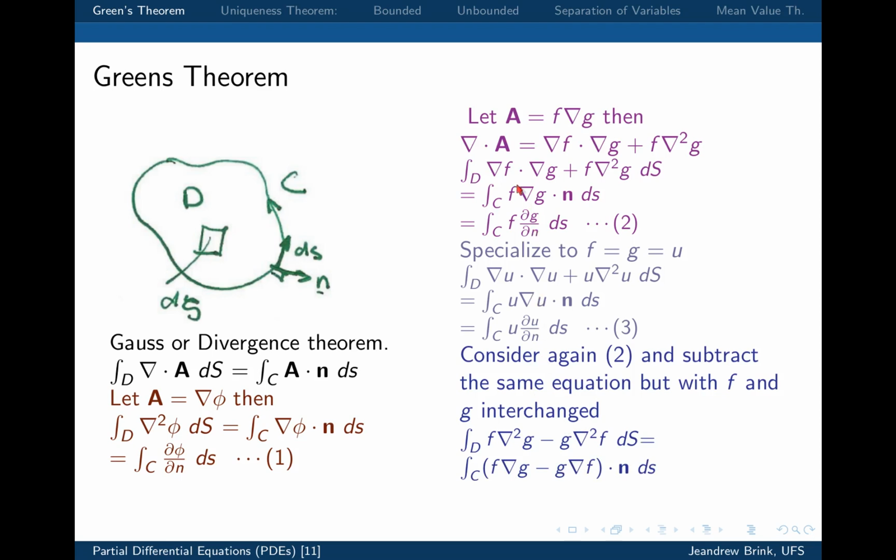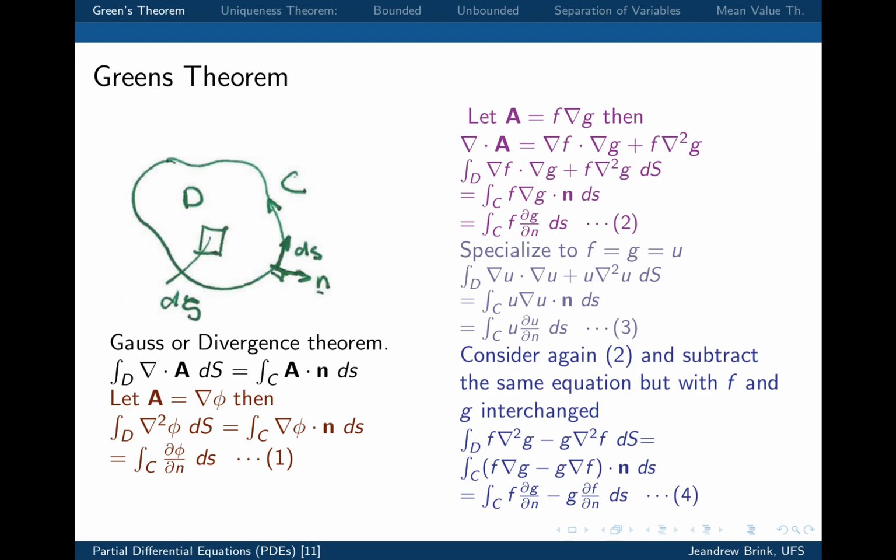So that just came from there, which is also equivalent to saying f times the normal derivative of g with respect to n minus g times the normal derivative of f with respect to n. Okay, so all these colored bits 1 through 4 are simply consequences of the divergence theorem applied to different cases, and you're going to see how useful they are as we go on.